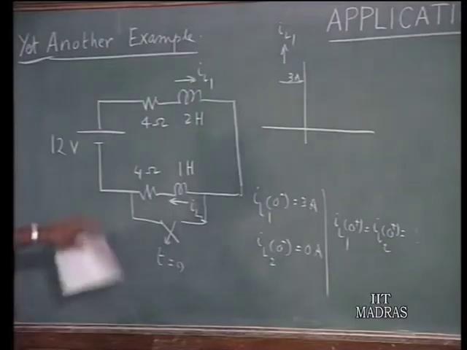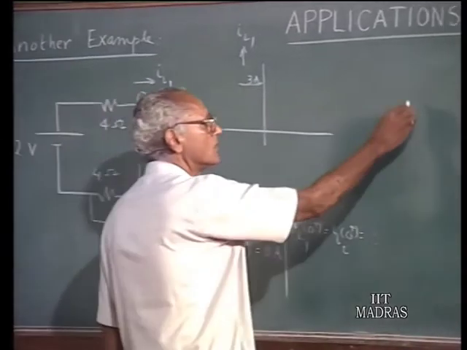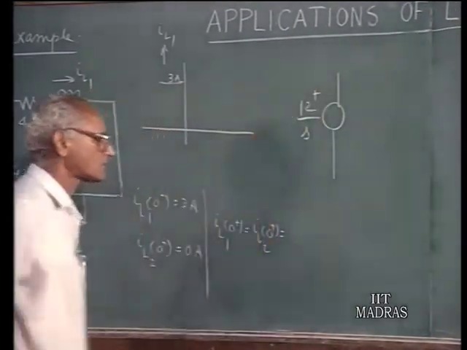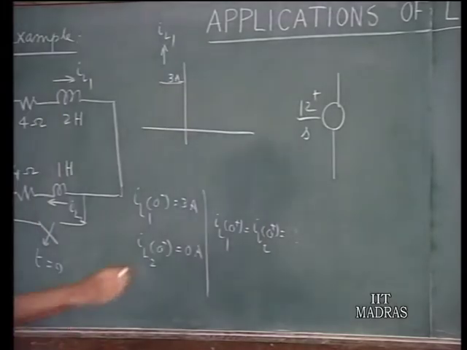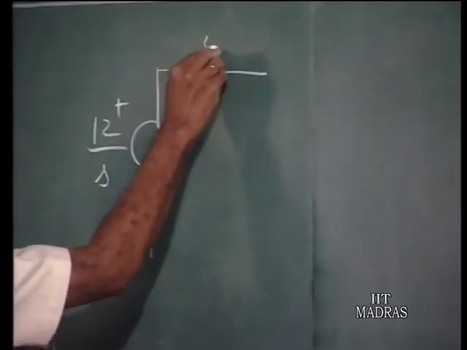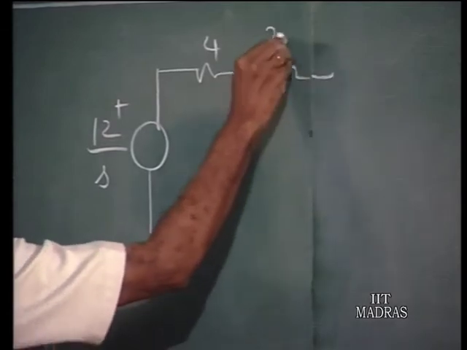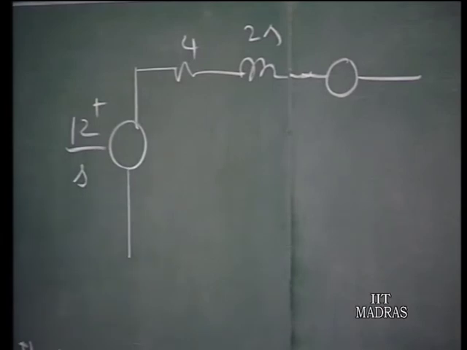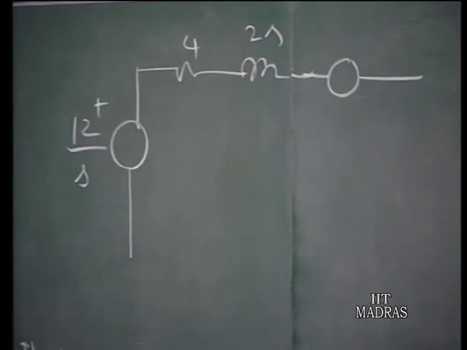So, let us draw the transform diagram for this. You have 12 by S is the transform of the voltage source. You have 4, 2S, and as far as the inductor is concerned, we use the I 0 minus values, 0 minus values 3 amperes.